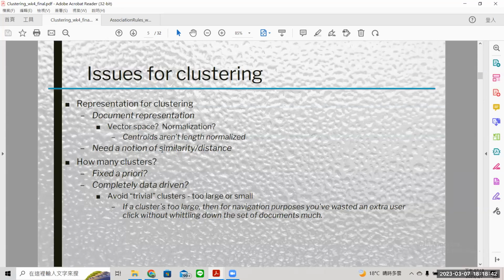So I think we need a notion of similarity and distance. About this issue, I view it as another advanced topic, because later in the association rule, I will show you a topic about affinity.